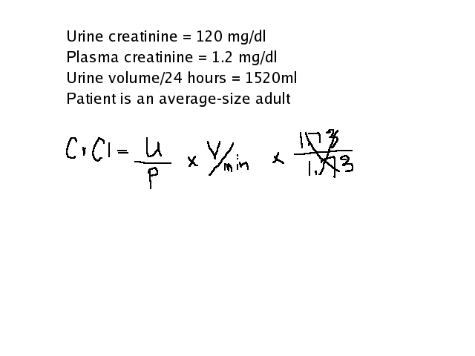So I'm just going to simply plug in numbers now. The urine creatinine is 120 divided by 1.2 times 1520. Now we're going to divide this, it's per 24 hours, but we want to convert it to minutes because that is the units for a creatinine clearance.